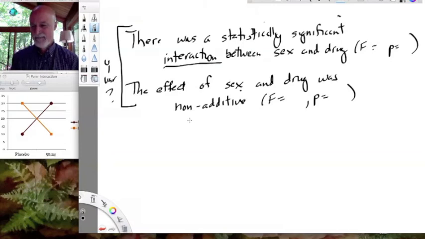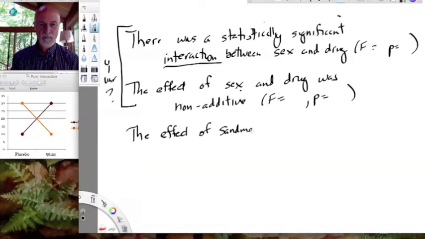Let's see. How about this? The effect of Sandman. Well, this is better because we're talking about the effect of the specific drug. The effect of Sandman on sleep. Hey, we've mentioned our y variable now.